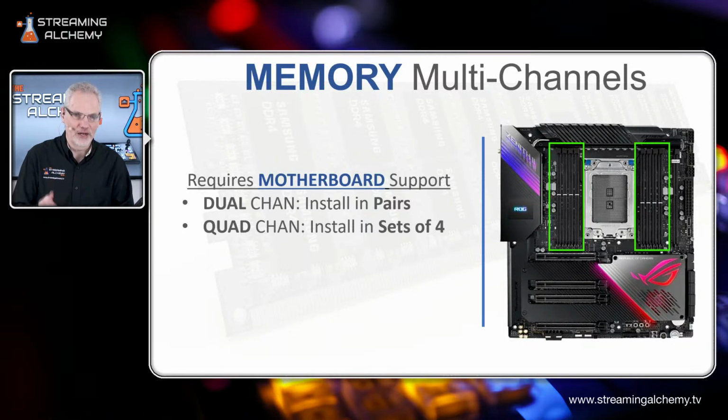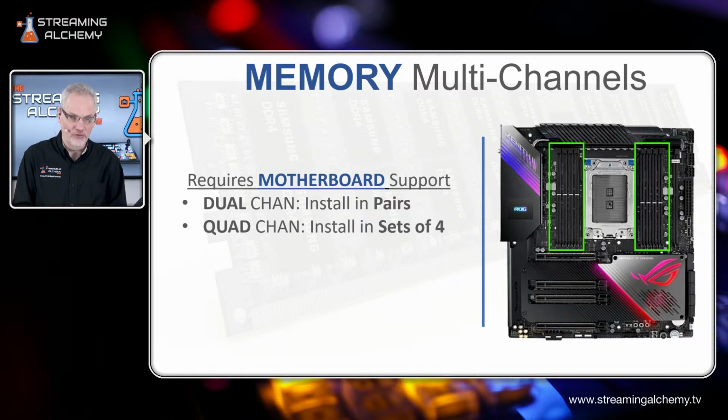This is something where I know people say, well, I bought these 4 memory sticks and it was better than getting 2. And the answer is no, not necessarily. If you're in a dual channel system, 2 memory sticks versus 4 memory sticks really isn't going to make any difference. As long as you have pairs, you get to leverage the performance of dual channel.